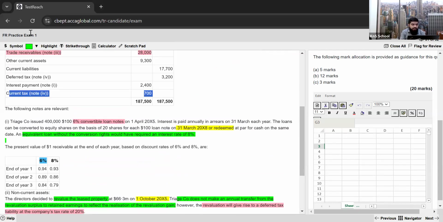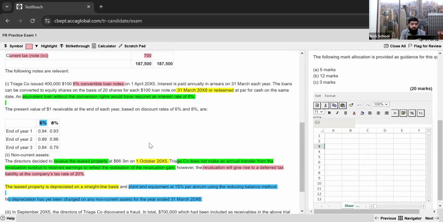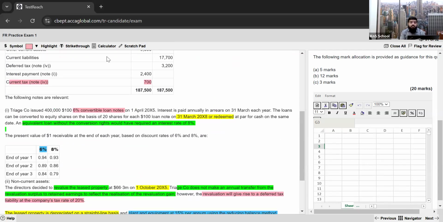That is the current tax given on the debit side, 700. Is this the current tax for the year? No, this is not the current tax for the year. This is the last year's tax, because the current tax we are going to calculate, we are going to record now. So the current tax which is given in the trial balance is a prior period tax.